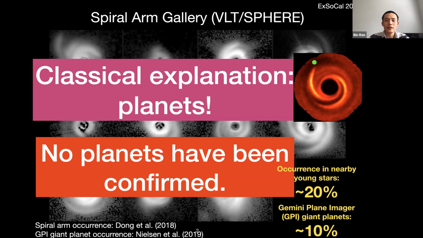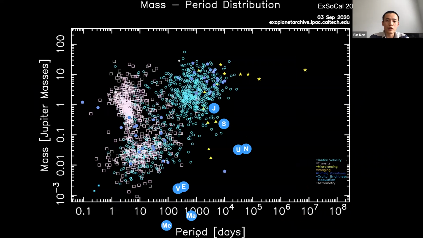But what if the spiral arm drivers are real? Then they will probe such a parameter space. This is a mass-period plot. I believe people have seen it a lot. And here are the solar system planets.